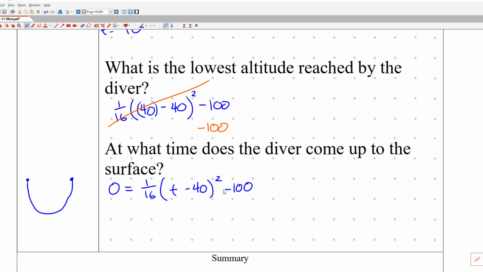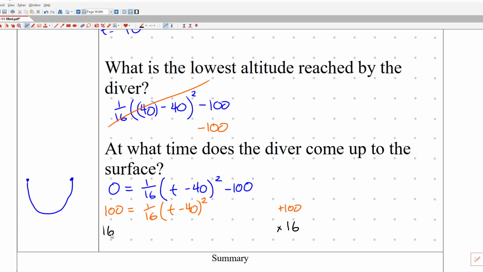So I'm going to try using the same stuff that we did last time. I'm going to add 100 to both sides. So I have 100 is equal to 1/16 of (t minus 40) squared. Next step is to multiply by 16 on both sides.